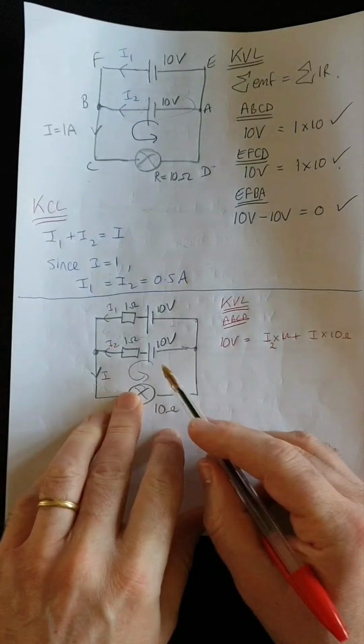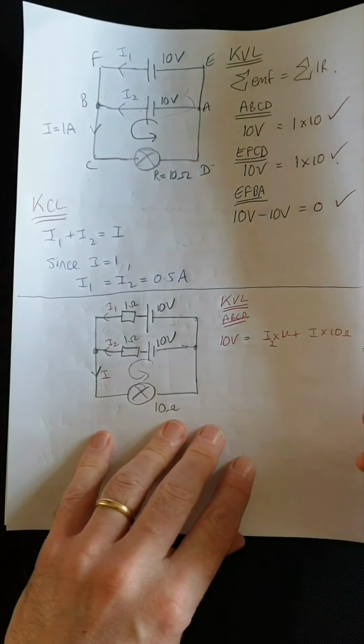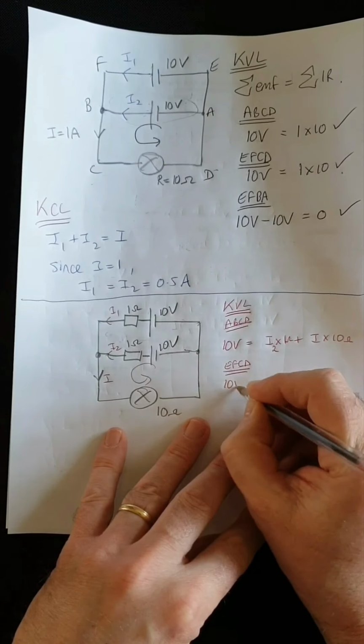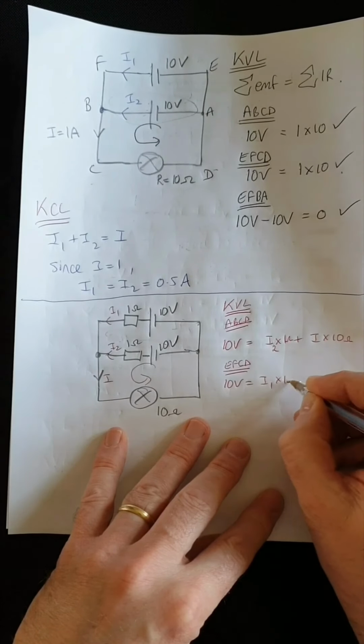And likewise, I have the same thing for the larger loop. It's going to give me the same expression. Let's go to I1 times 1 ohm.